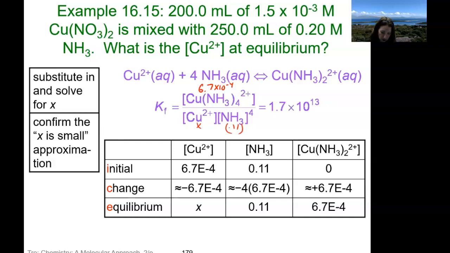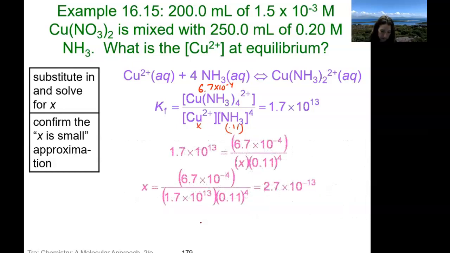And so when we do this, here's our Kf, which belongs to that. You get 2.7 times 10 to the negative 13th. Very small. We just did an ICE table, so we need to check our X is small.